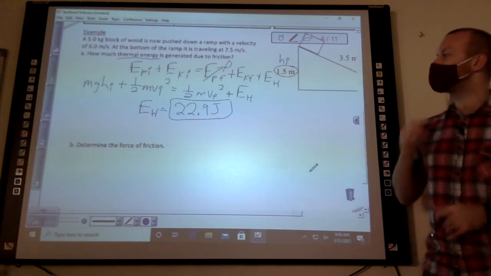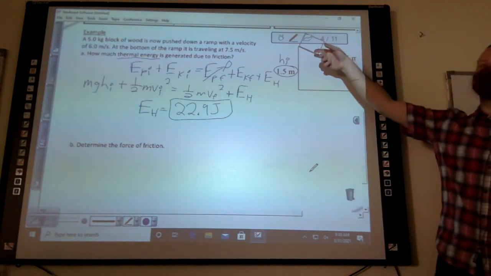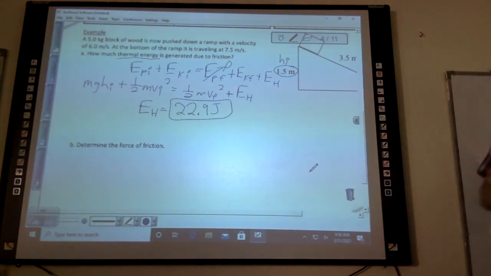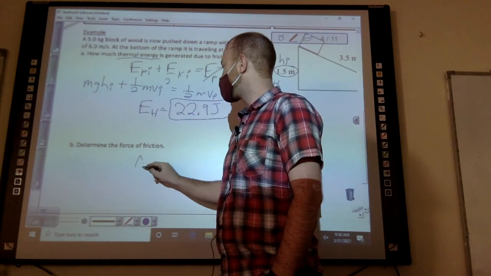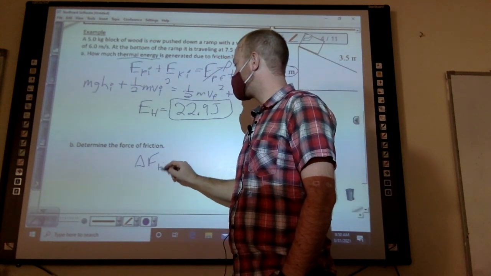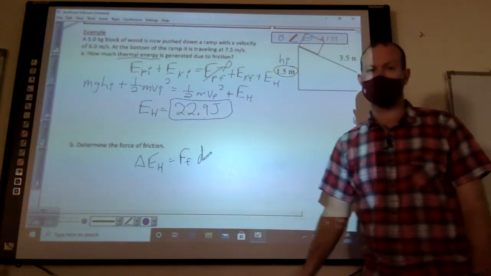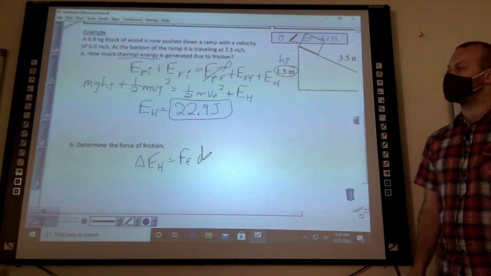Now we want to figure out what's the force of friction. So in the past, we would take this, we'd go, what's mu F_n? Then you'd have to figure out what's the perpendicular component of gravity, figure out the normal force, use the normal force, solve for that. Now it's a lot easier because we have change in E_H is equal to force of friction times distance. I have my change in heat, I just solved for it.